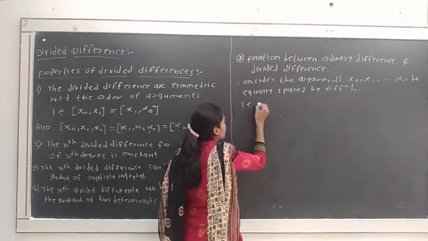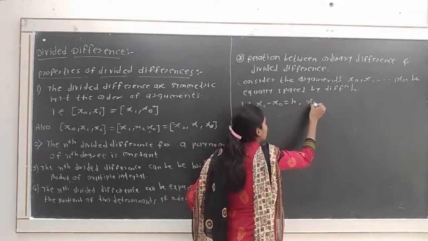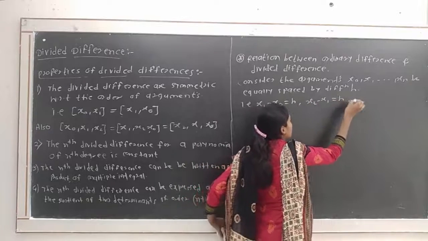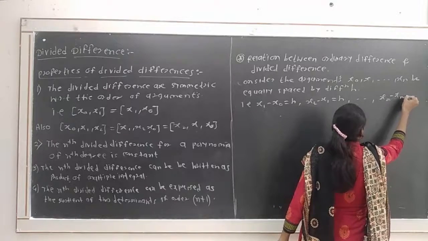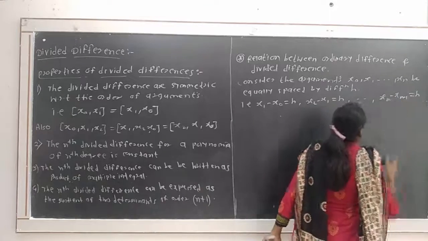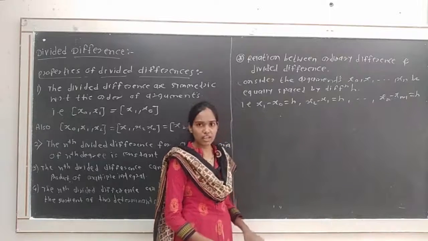That is, x1 minus x0 is equal to h, x2 minus x1 is equal to h, up to xn minus xn minus 1 is equal to h, that is, the difference of two consecutive arguments is h.